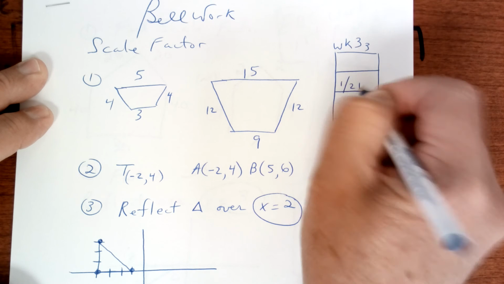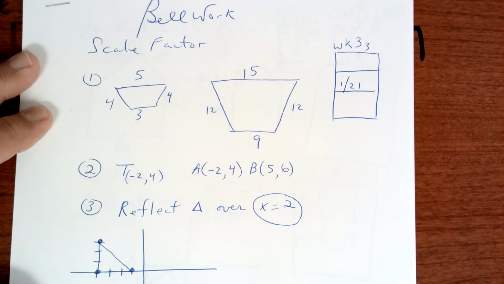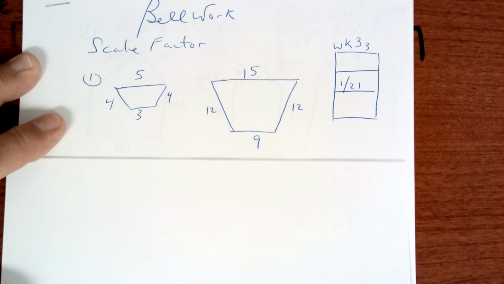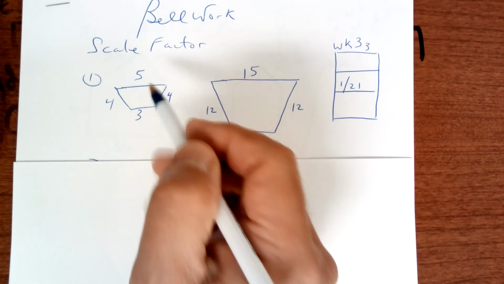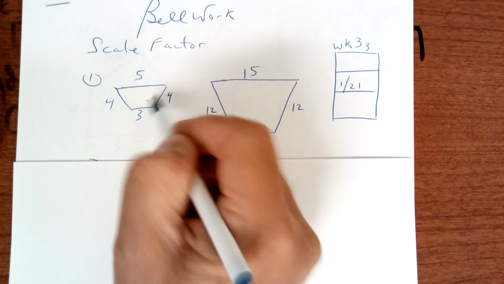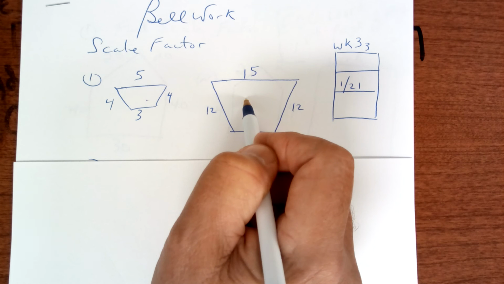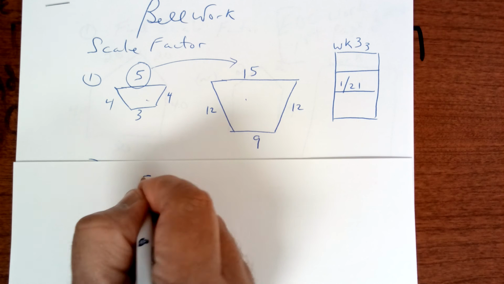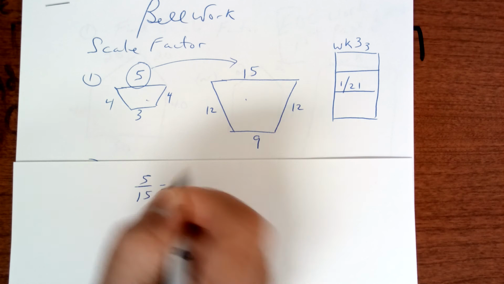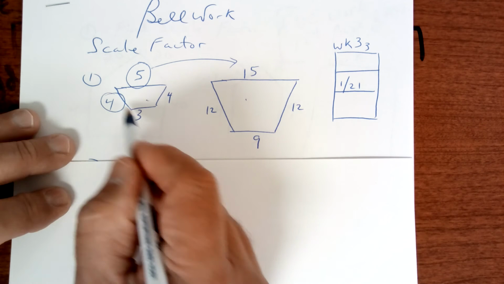Okay, let's take a look here. This right here is going to be a review of scale factor. To do scale factor, you can see how it's going from a small one to a big one, okay? So if you go this way, you get 5 over 15. If you go this way on this one, you get 4 over 12.